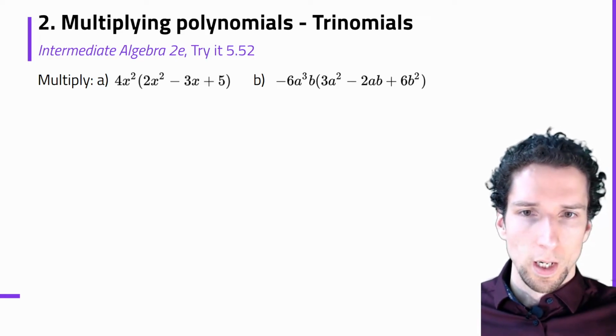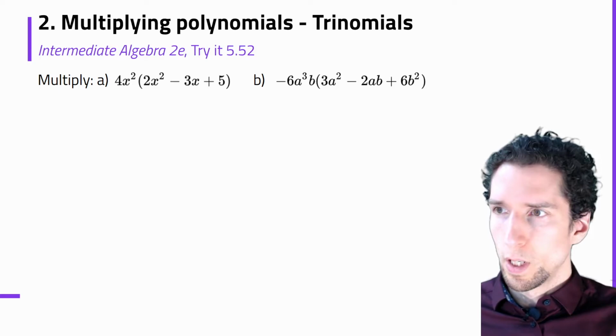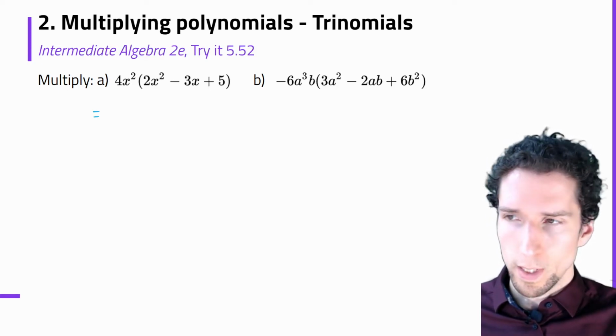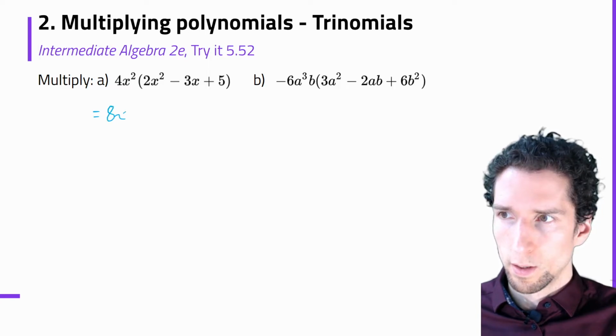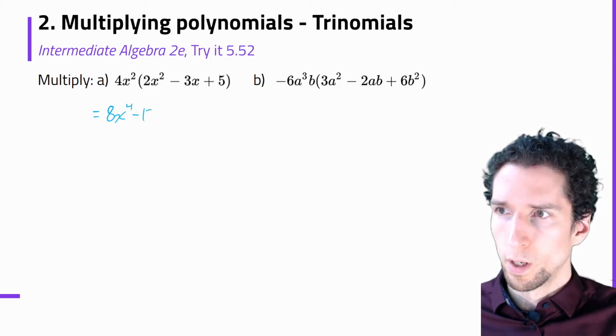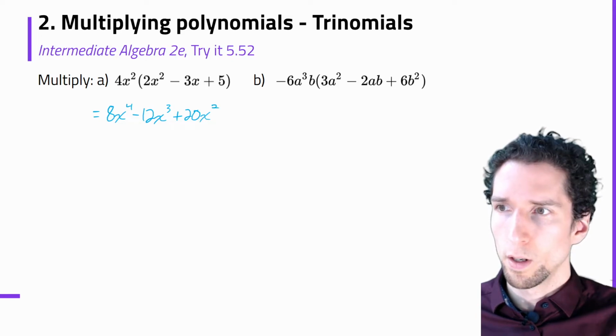All right, our answers here for A, if we multiply these out, we will get 8x to the exponent 4 minus 12x cubed plus 20x squared.